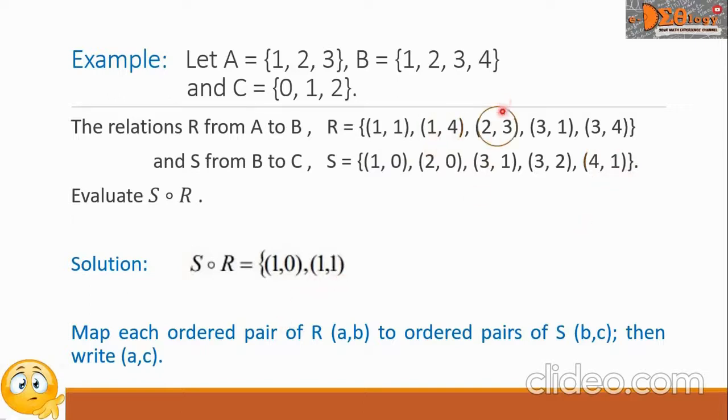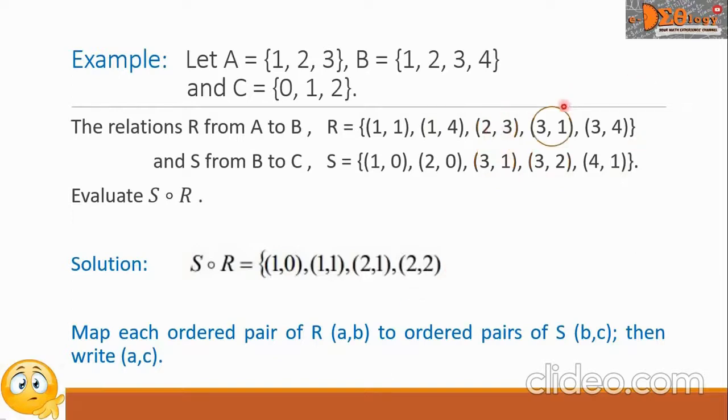Third ordered pair is (2, 3). We can see that there are two ordered pairs from S that start with 3, which are (3, 1) and (3, 2). Therefore, we're going to write (2, 1), also (2, 2).